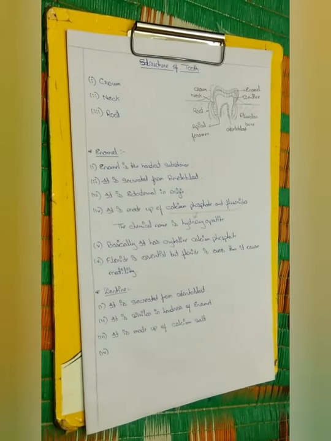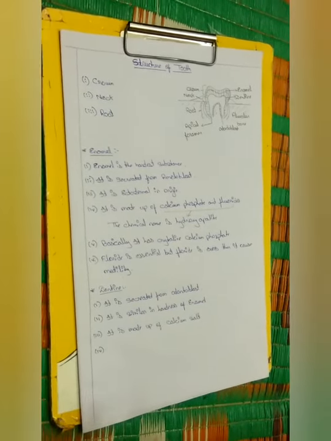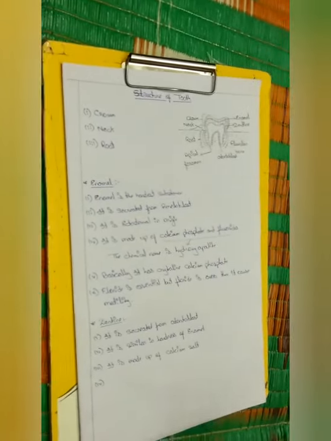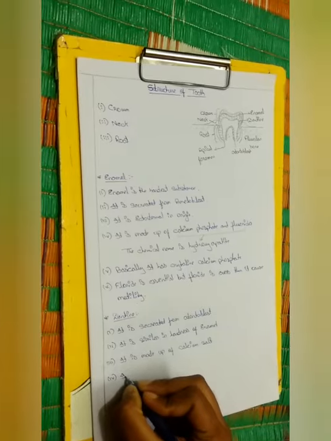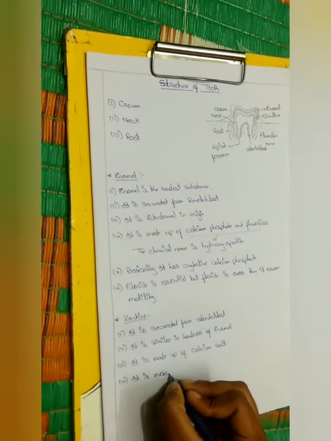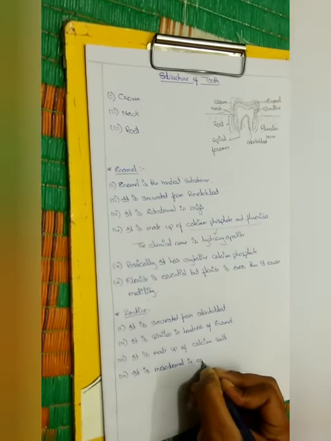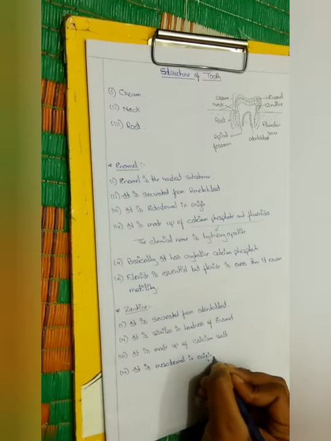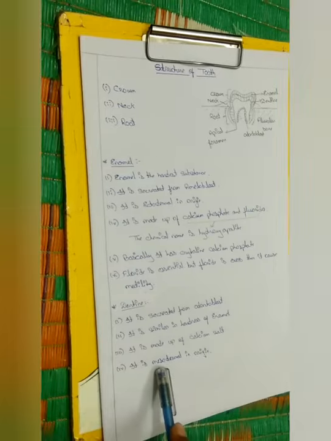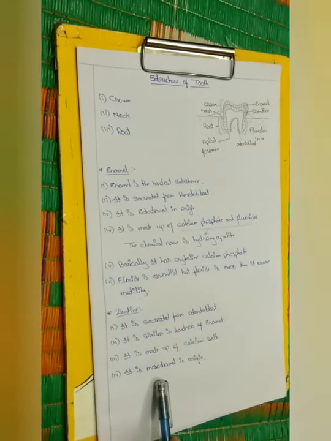It is mesodermal in origin, means dentine is mesodermal in origin, but enamel is ectodermal in origin and dentine is mesodermal in origin.